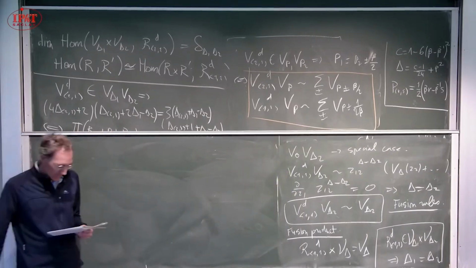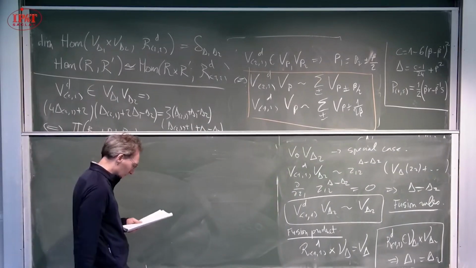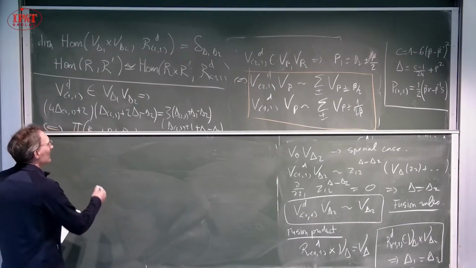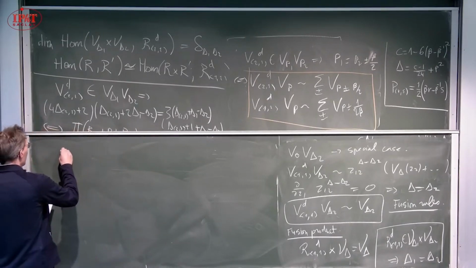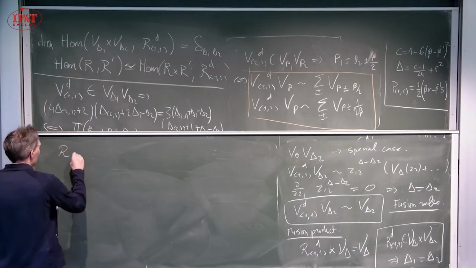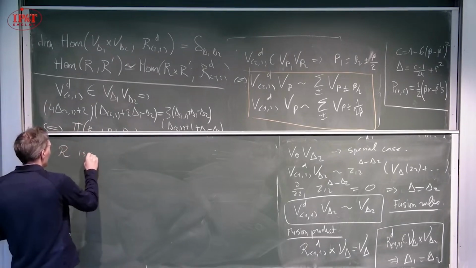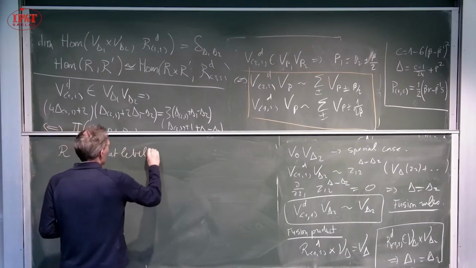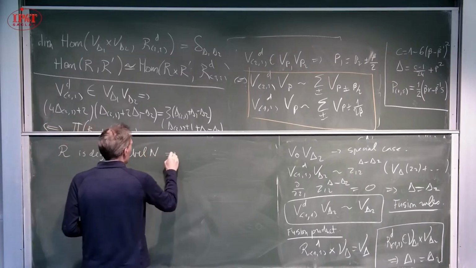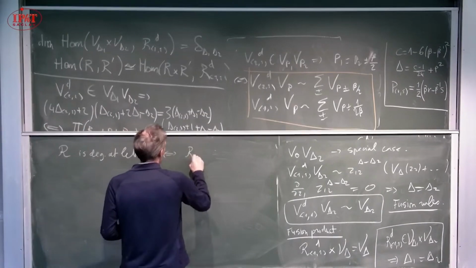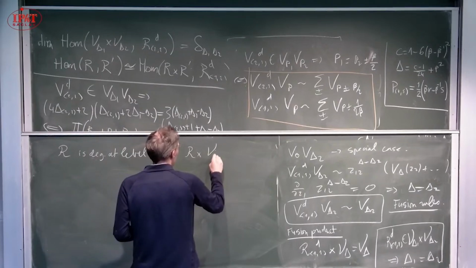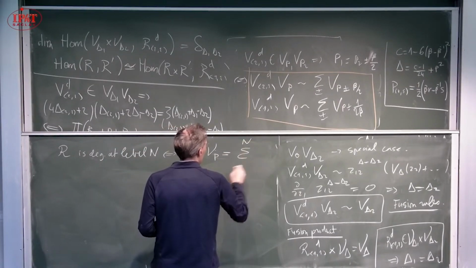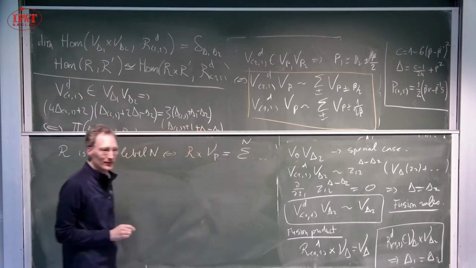Well, the big statement is that a representation is degenerate at level n if and only if its fusion product with some Verma module is a sum of n terms, which I don't specify.